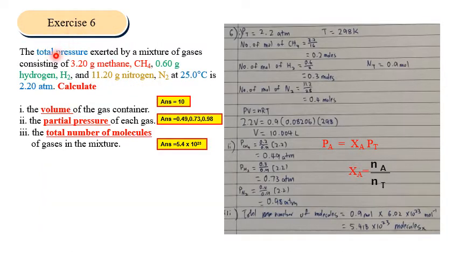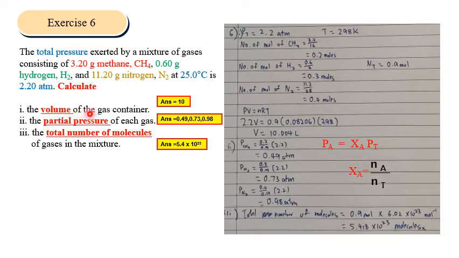Exercise 6. Given total pressure for a gas mixture: methane 3.2 gram, hydrogen 0.6 gram, nitrogen 11.2 gram at 25 degrees Celsius is 2.2 atm. So first of all, we need to analyze the question.